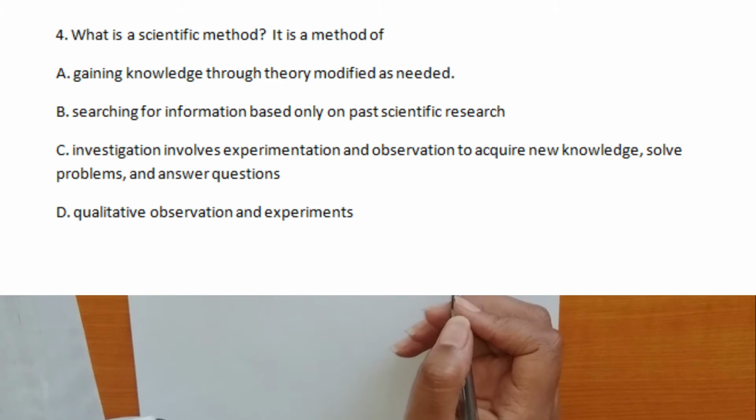D. Quantitative observations and experiment. First, what is the scientific method? Scientific method is a carefully logical and systematic approach to give response for significant problems. So our answer is C.